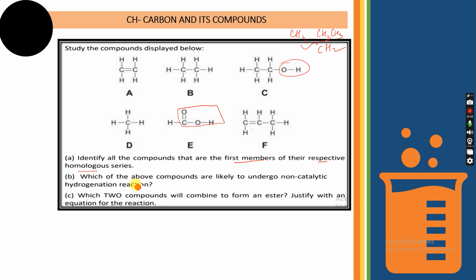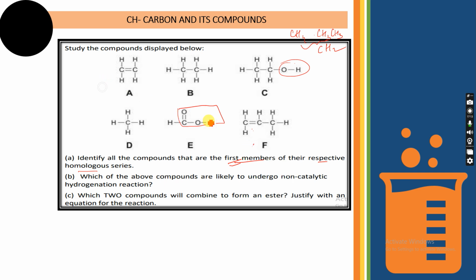Now identify the compounds that are the first member. They are asking for the compounds of a homologous series which are the first member, that means the first member of each family. Now, the first one here, A, it's alkene. How many are there? 2. Where else are alkenes? One here and one here.